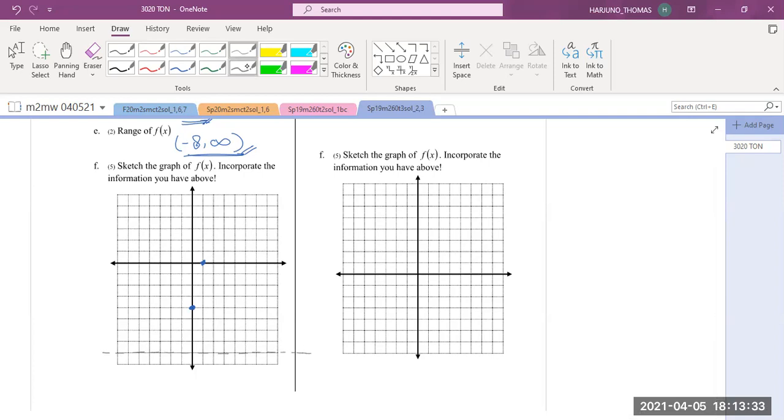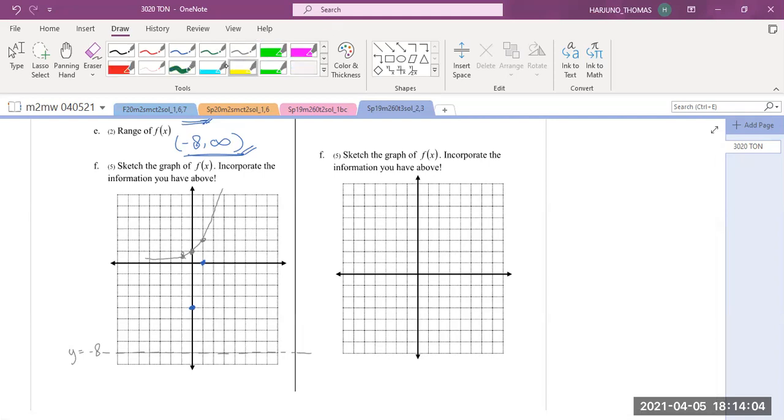And then we need to talk about the three important coordinates from the original 2 to the x. Now what happened to those three coordinates? If you can put more coordinates, that will be great, but at least these three.